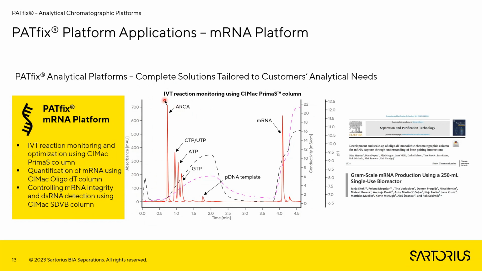Here I have an example where ARCA was used. Then we have peaks representing nucleotides inside of the reaction mixture. Here is eluting the pDNA template, and at the end of the chromatogram, the mRNA, which is produced in the IVT reaction.